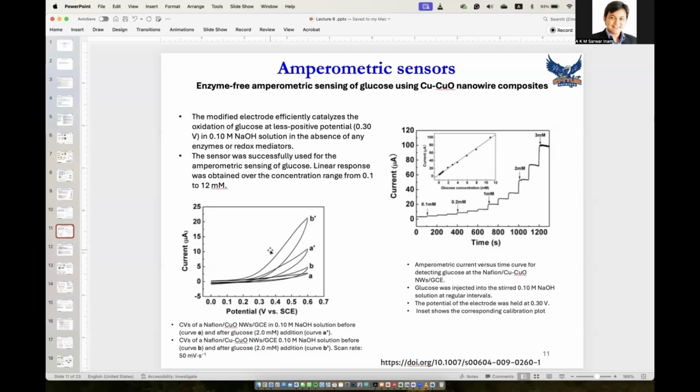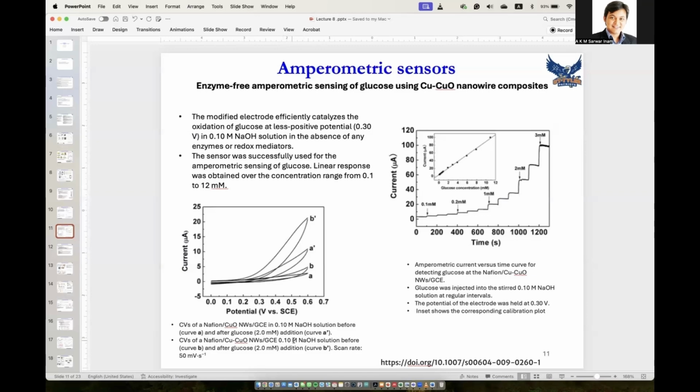In this figure, you can see it displays the cyclic voltammetry of 2 millimole of glucose in 0.10 mole of sodium hydroxide solution.